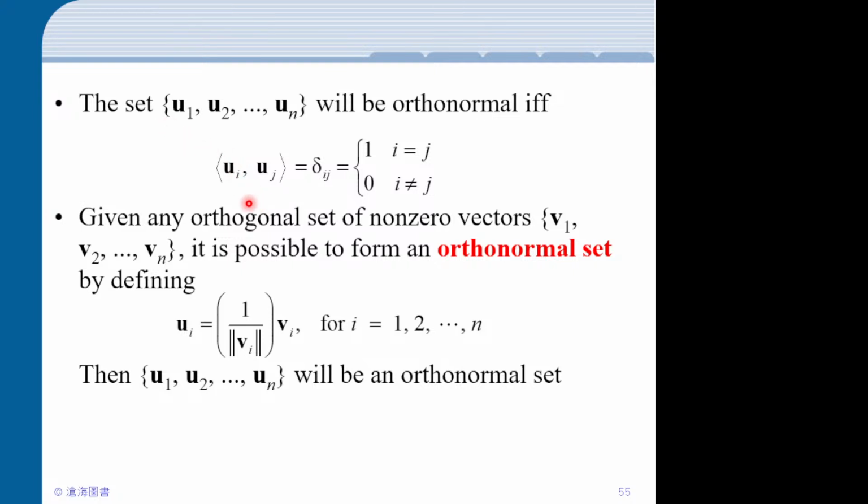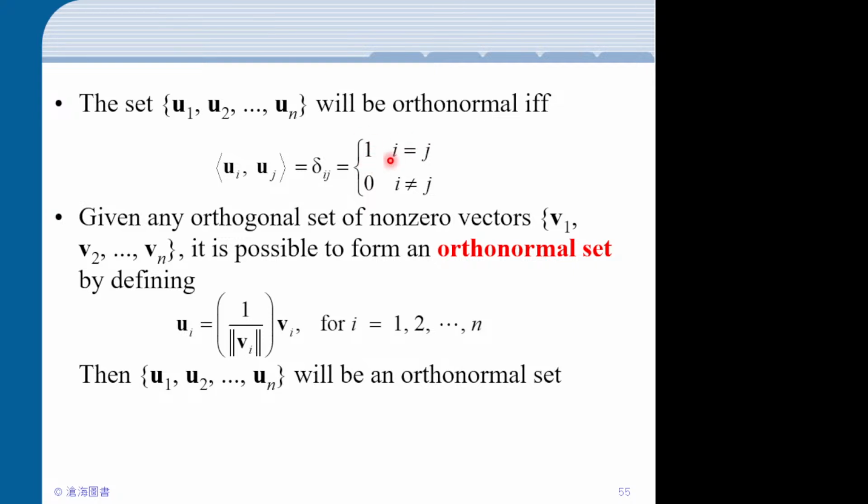So I guess we write the two things in a more compact expression. We say our set is orthonormal if they are orthogonal to each other and have norm 1. We can capture both by writing down all pairwise inner products. We say the pairwise inner product equals delta ij, which means 1 when i equals j, and 0 when i does not equal j.